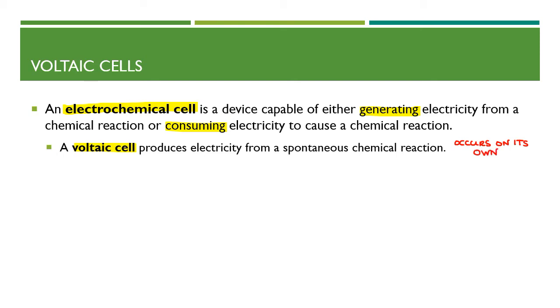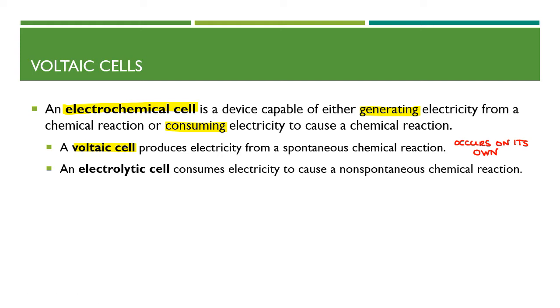Now, if we were to compare this to the other type of cell, which is called an electrolytic cell, it is one that consumes electricity, and it consumes it so that it can cause a non-spontaneous chemical reaction to occur.